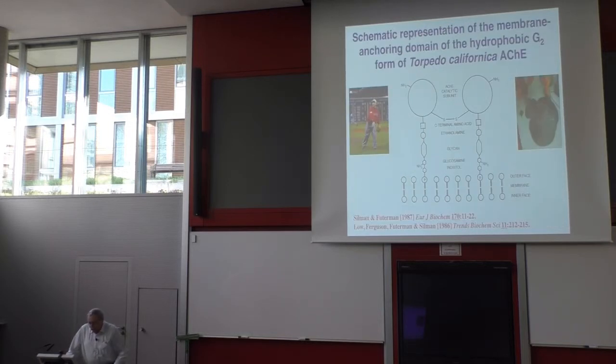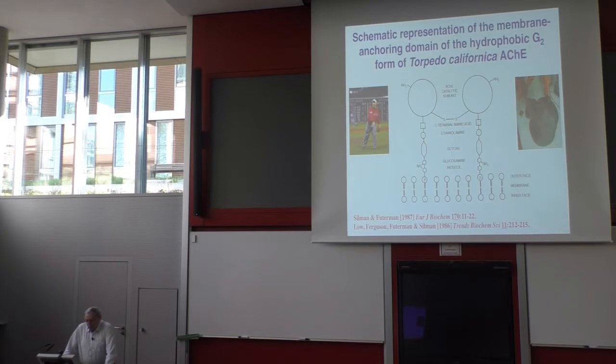Now, I mentioned before in the slide I showed from the review of Jean Massoulié, we have an enzyme form of acetylcholinesterase, which is a hydrophobic dimer. You find this on the surface of red blood cells. In other places, you find it on the presynaptic membrane of the synapse in the electric organ of Torpedo californica.